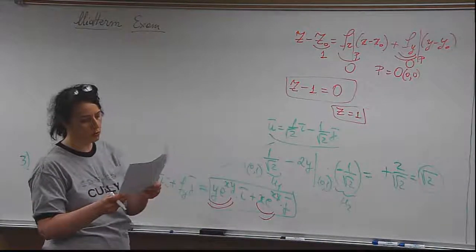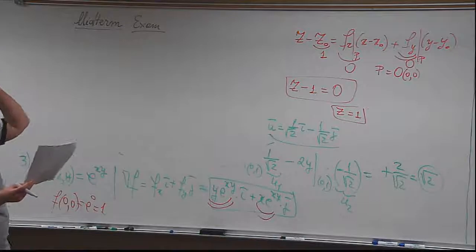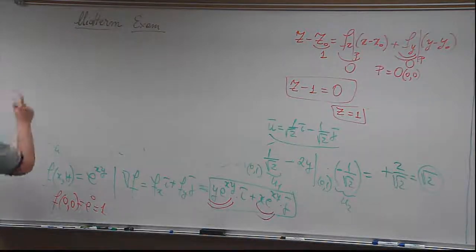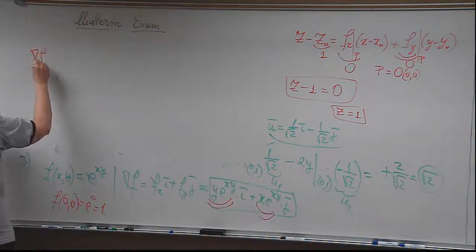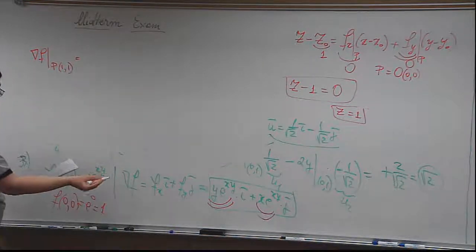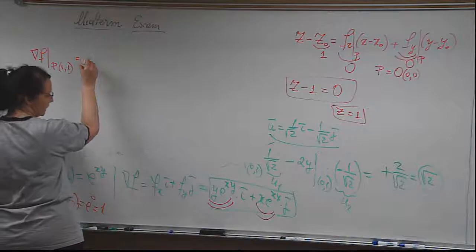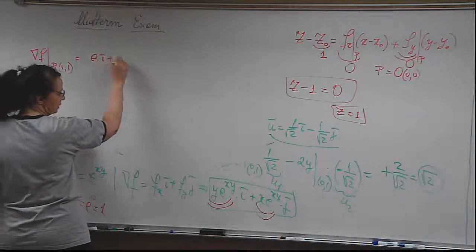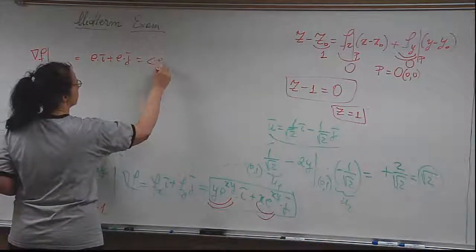So what do you do? You compute the gradient at the point (1, 1), and you say, all right, this is a piece of cake. It's going to be e i plus e j.